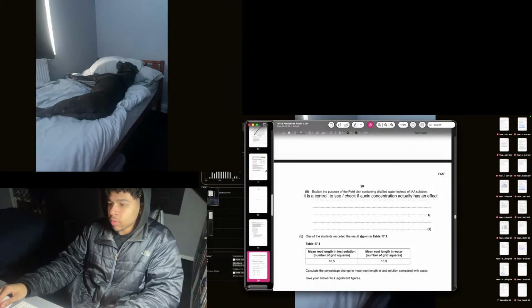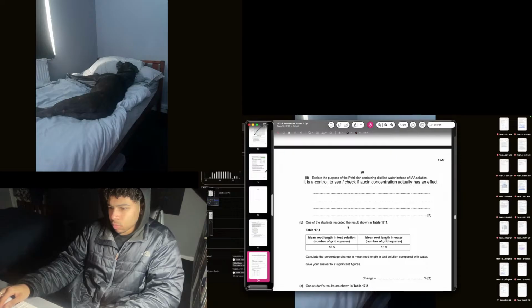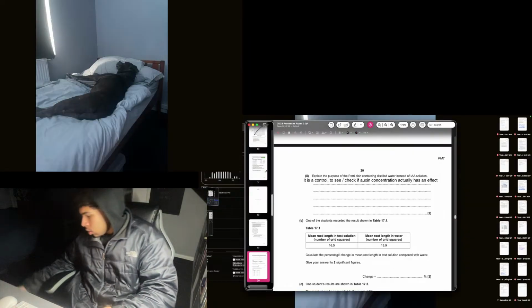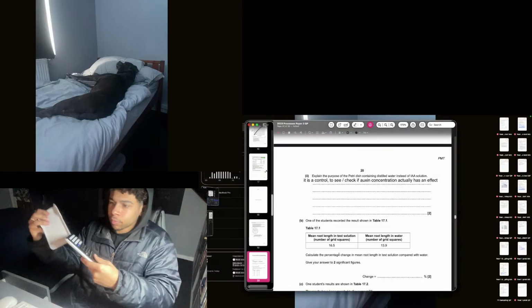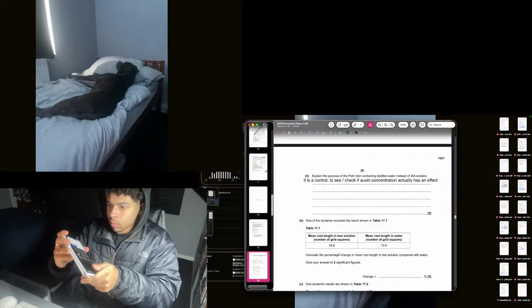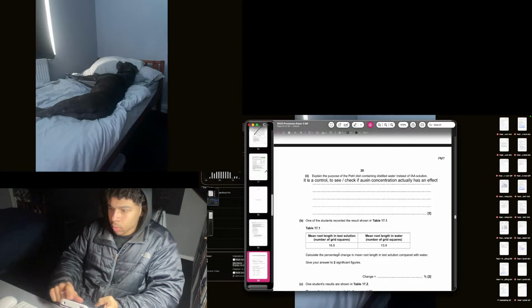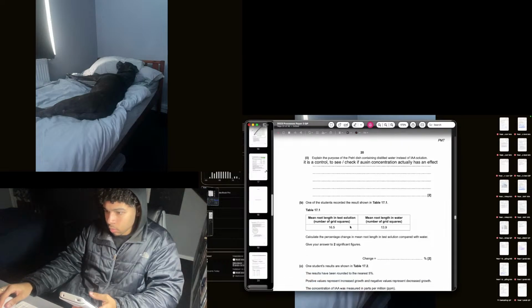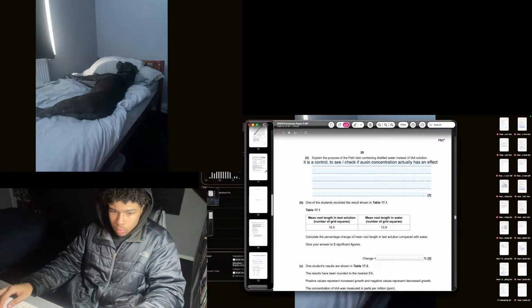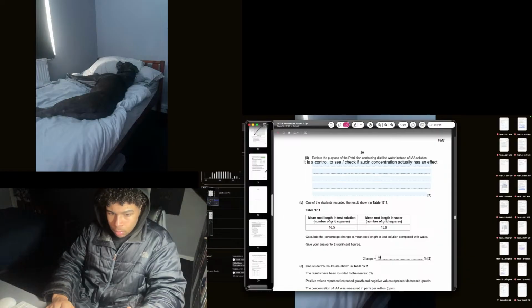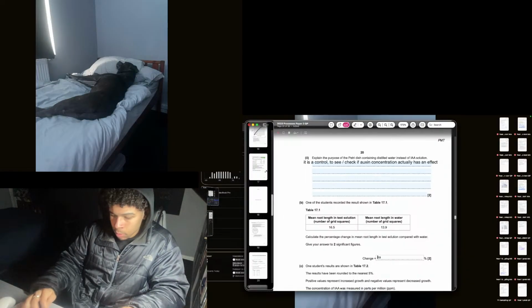It is a control to see if it has an effect. Get the calculator out. It's 19%. I'm going to put a plus there.